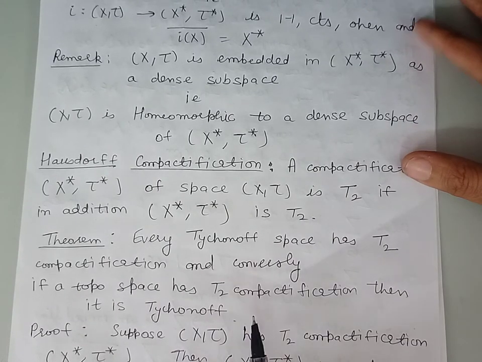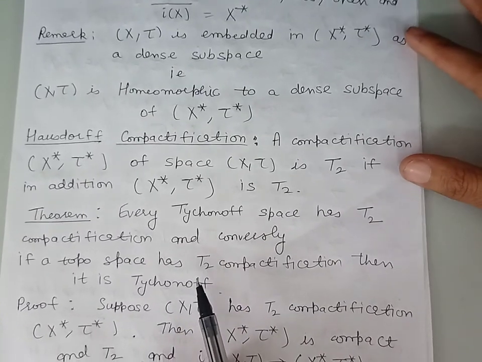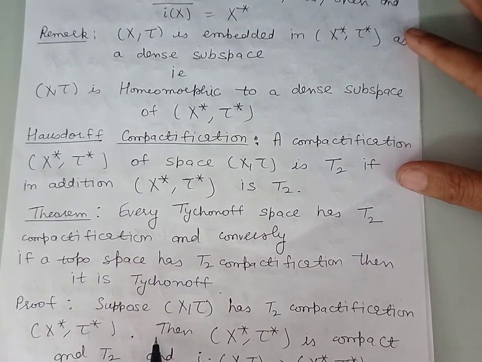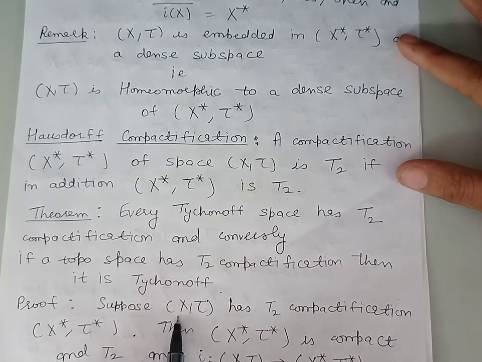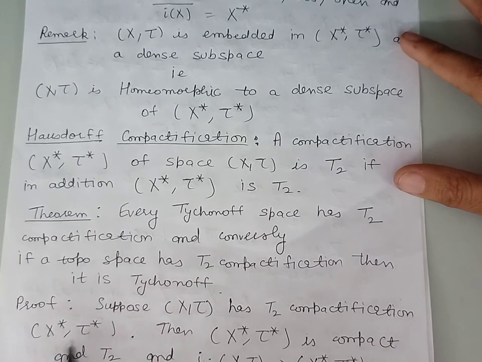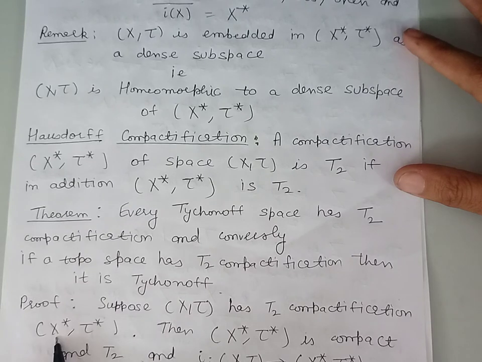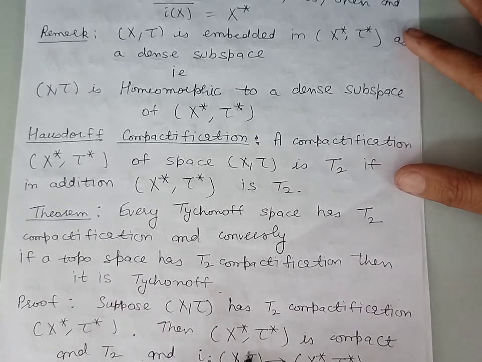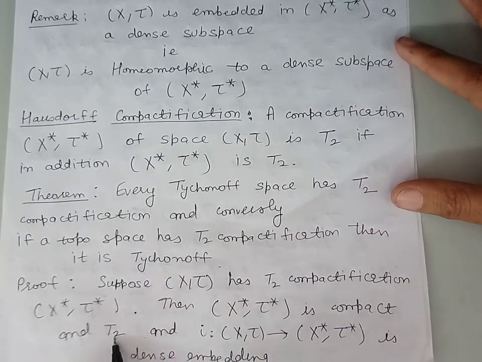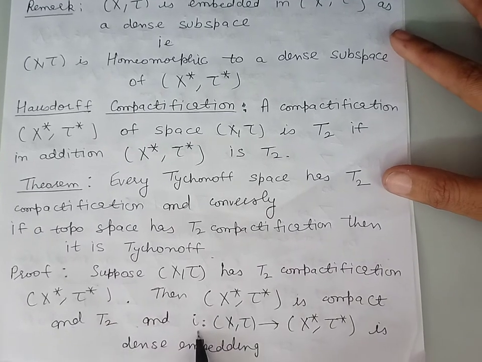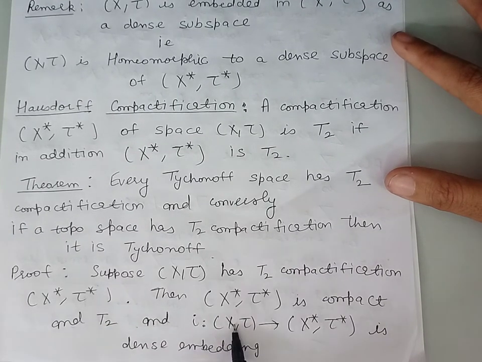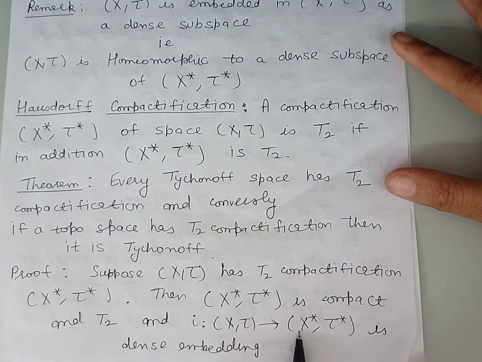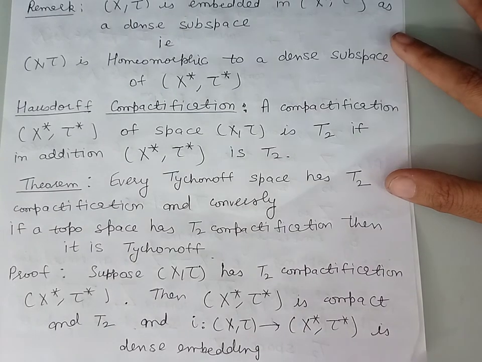So first of all, let us take the topological space X tau has T2 compactification, which we denoted by X star tau star. Then by definition, this topological space is compact and T2, and the mapping I from X into X star is a dense embedding.